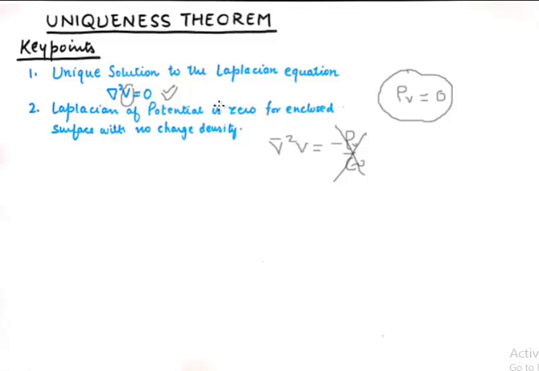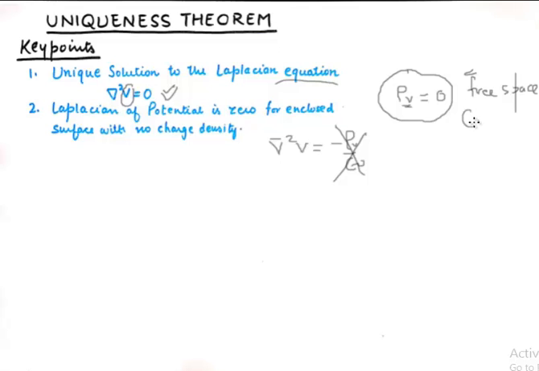Now we need to understand the meaning of having a unique solution of this equation. To understand that, we have taken up this closed surface with no charge at all inside the surface. That could happen in two cases. The first case being that of free space. If we have free space, we can assume that there is no charge, but then again we need to assume a hypothetical surface. So that's the limitation of free space if we want to consider rho v equal to 0.